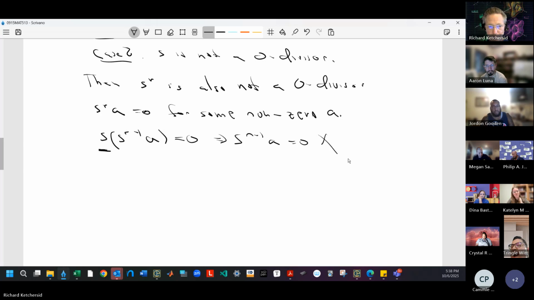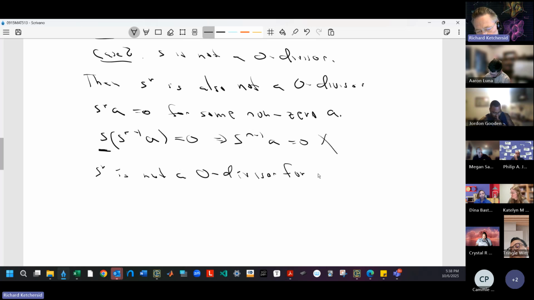And since that's a contradiction, we get that S to the R A also can't be 0. So by induction, S to the R is not a zero divisor for any R. Okay, did that make sense?